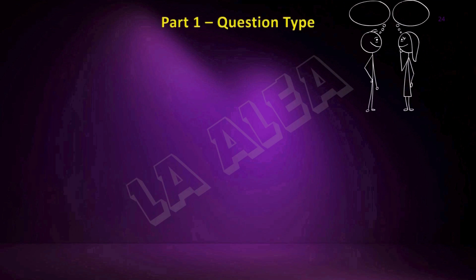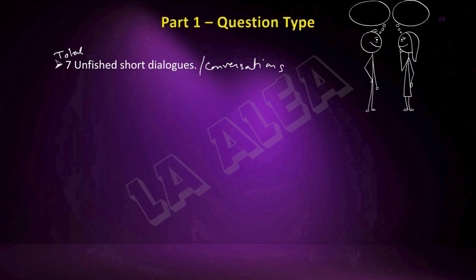So now, let's understand the part 1 question type. In this section, you will get a total of 7 unfinished short dialogues, or we can say short conversations. Why are we saying unfinished? Because these conversations will not have a proper ending.